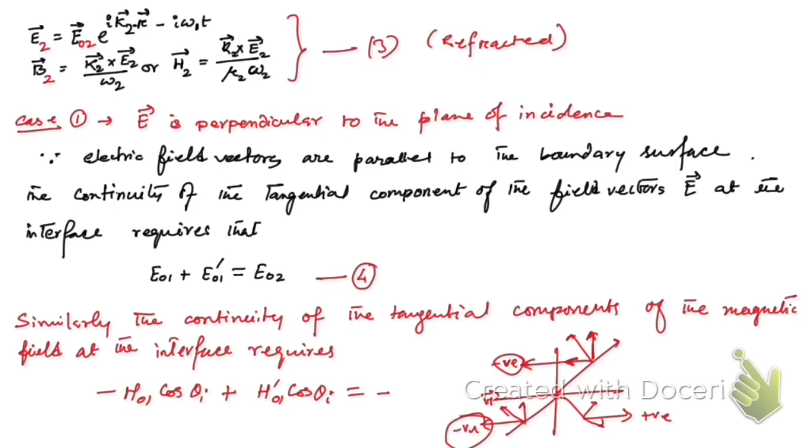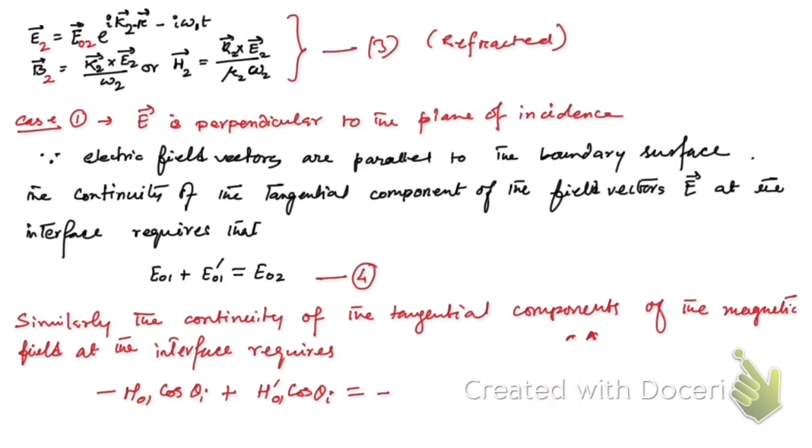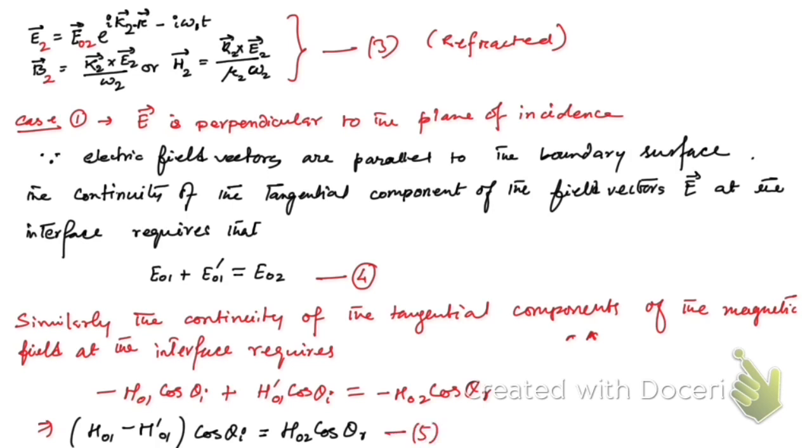So then we write minus H02 cos theta r. This implies, if you simplify, H01 plus H dash 01, you can take cos theta I common, equals H02 cos theta r. That's what you can write. Let it be equation number 5.